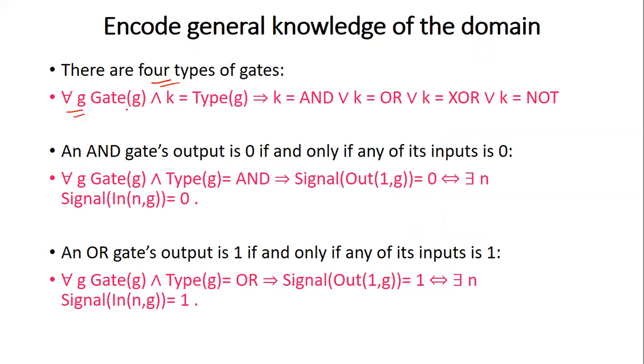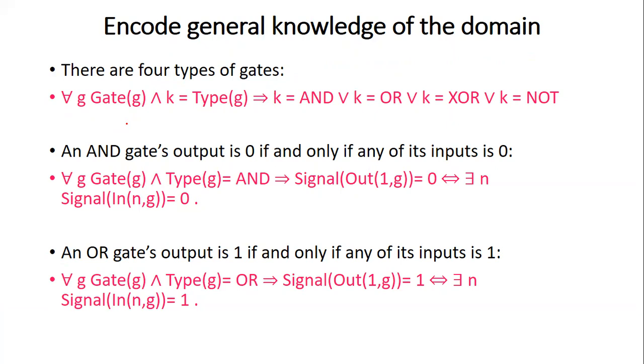For all G, gate of G, so if something is a gate, and K is the input for the gate, then the type of the gate implies K. Then depending on the type of the gate, whatever the input K is, you will get the same thing as the output. For example, for an AND gate, if you give only one input, you get the same output. For an OR gate also, if you give only one input, you'll get the same output. So that's what it says.